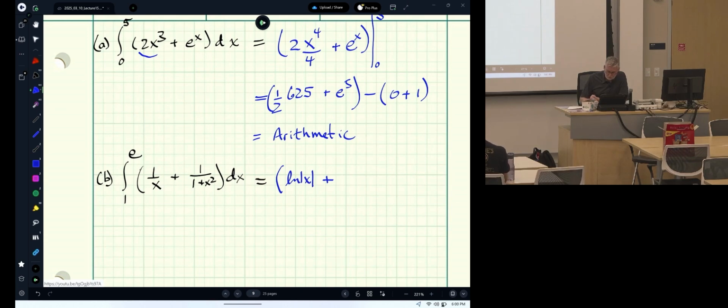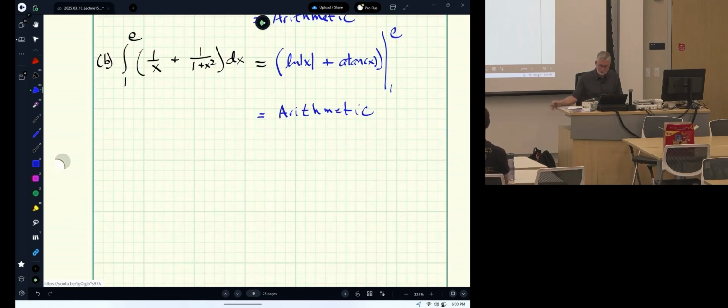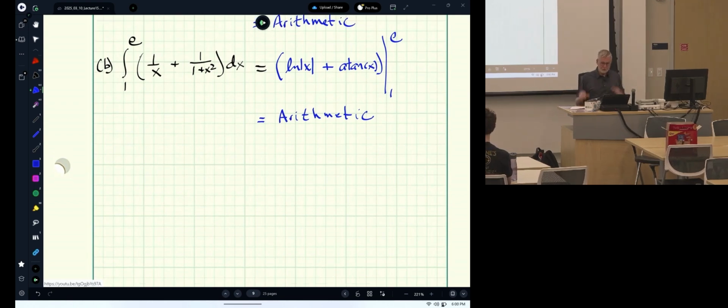Antiderivative of 1 over 1 plus x squared, that's arctangent of x. And then we do function evaluation. In here, I'm just going to write arithmetic, because you guys can plug it in as well as I can. Okay, e is positive, so the absolute value of e is just e, and the log of e is 1, etc. When I plug in 1, absolute value 1 is 1, log of 1 is 0. Just arithmetic, function evaluation. So that's the beauty.